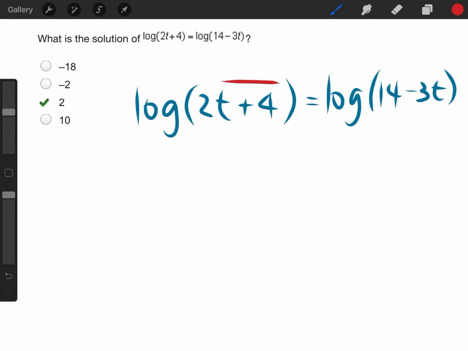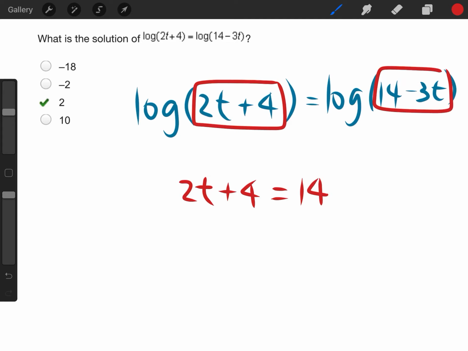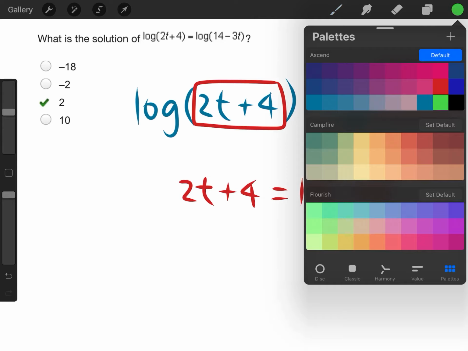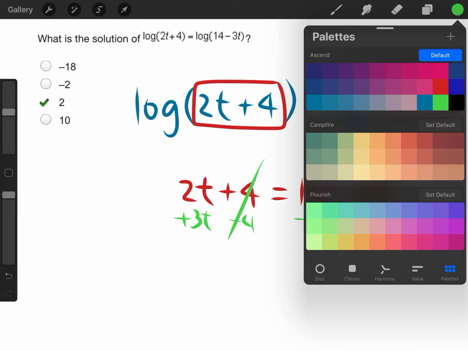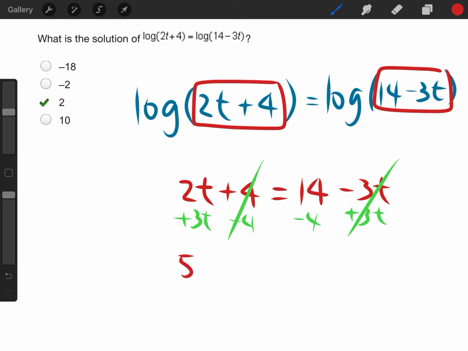So you can just focus on the 2t plus 4 equals 14 minus 3t, and just solve for t. It's not that hard. I'm going to add 3t on both sides. I'm going to subtract 4 on both sides. Cancel, cancel. That left me with 5t equals 10, so t equals 2.